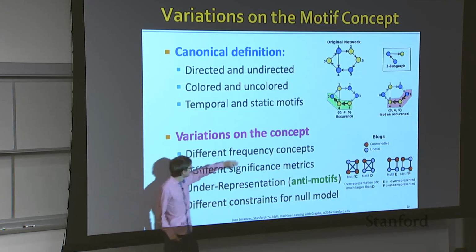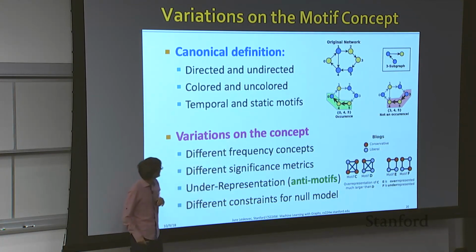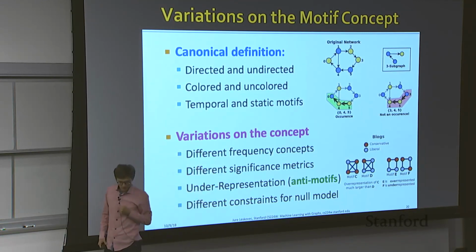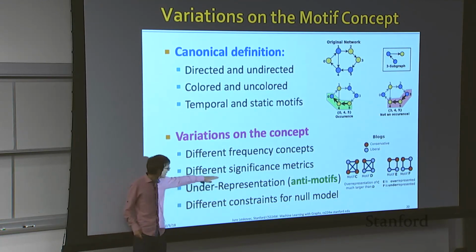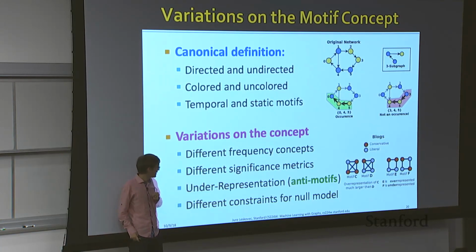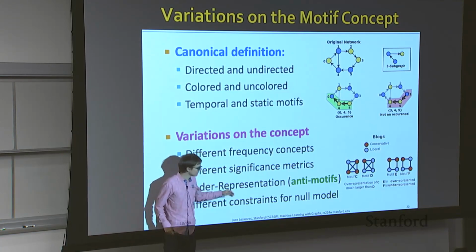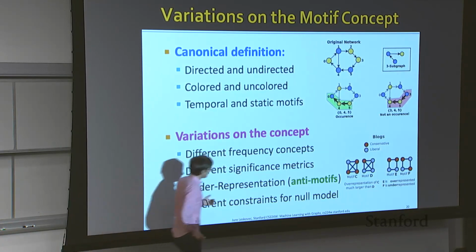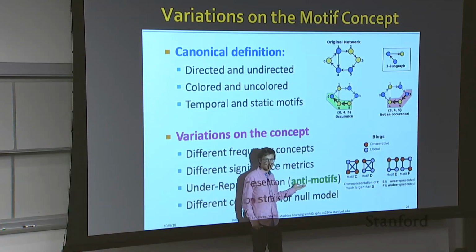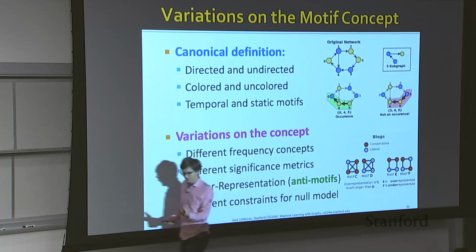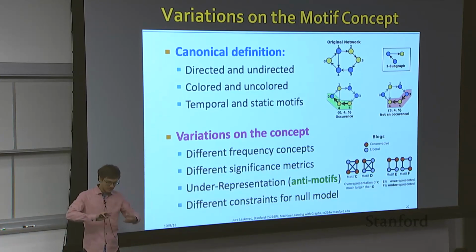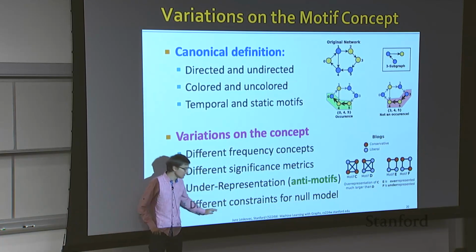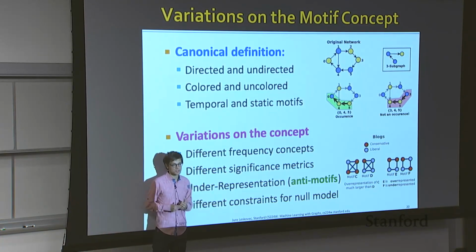You can think about variations of this concept in terms of how we capture the notion of frequency. There are many different significance metrics. You can also think about motifs that are underrepresented, which you can think of as anti-motifs: something that does not occur, but its complements tend to occur. And you can also use different null models to compute these z-scores, right?